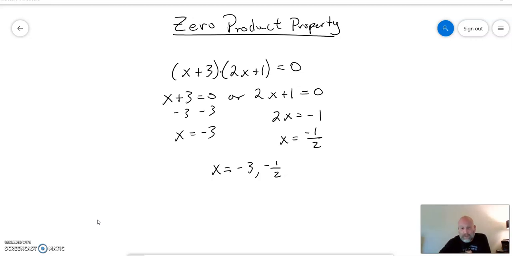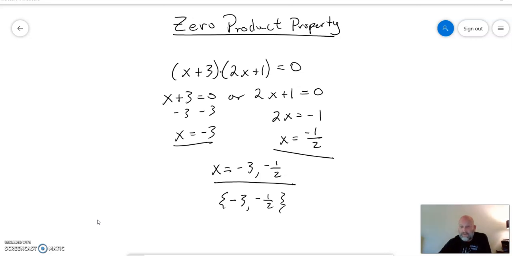There might be a number of ways that your homework asks you to list the solutions. They may be listed separately, like those two. They may be listed together, or sometimes they get put into a solution set, in which case they would just be listed and the squiggly brackets are put around them.